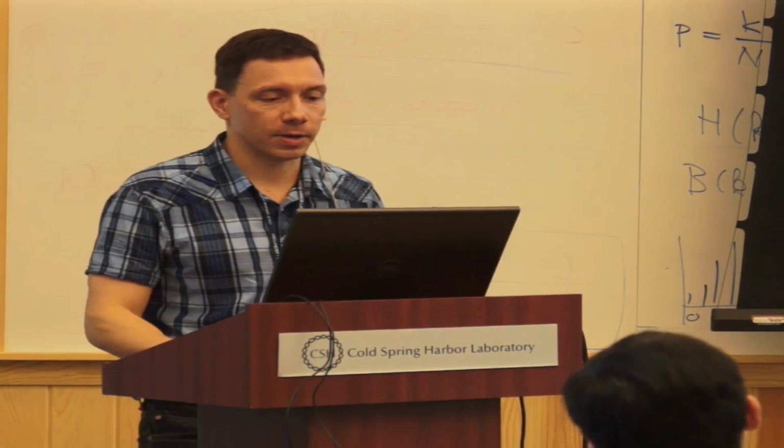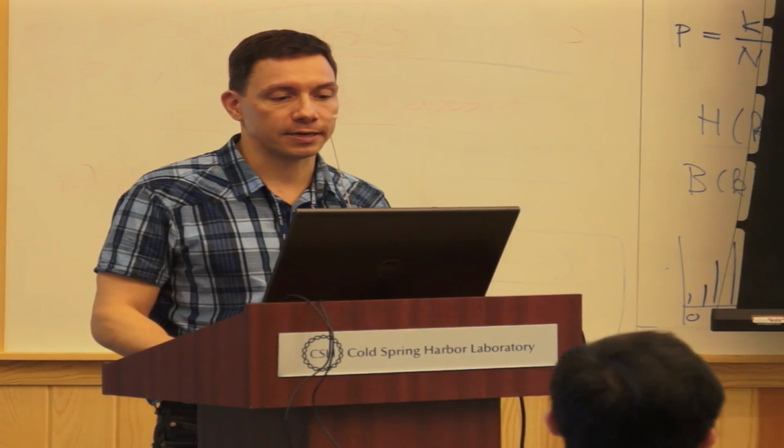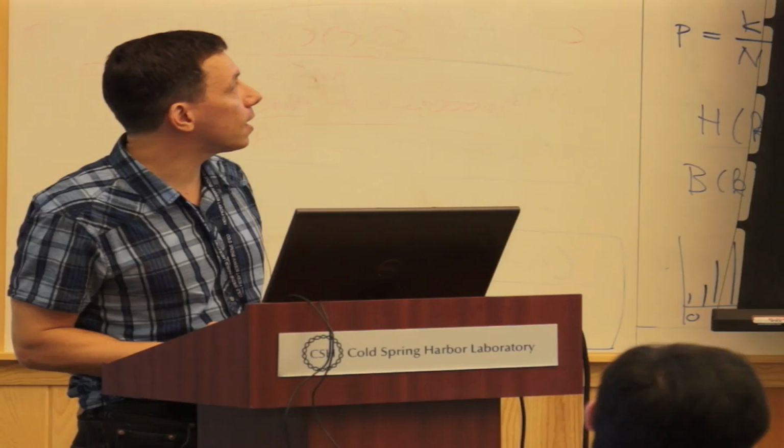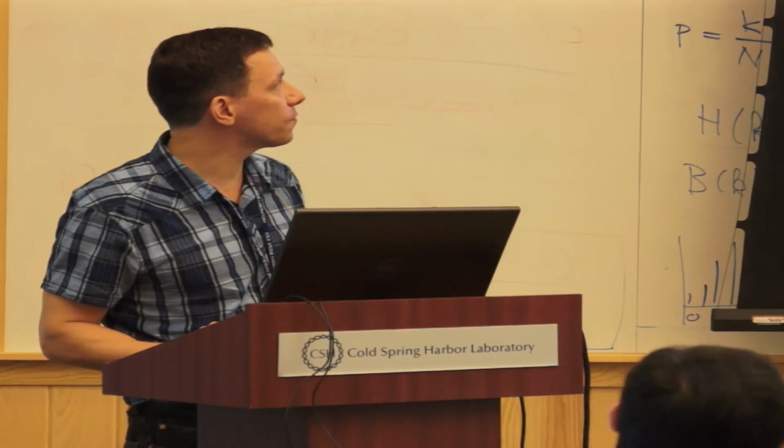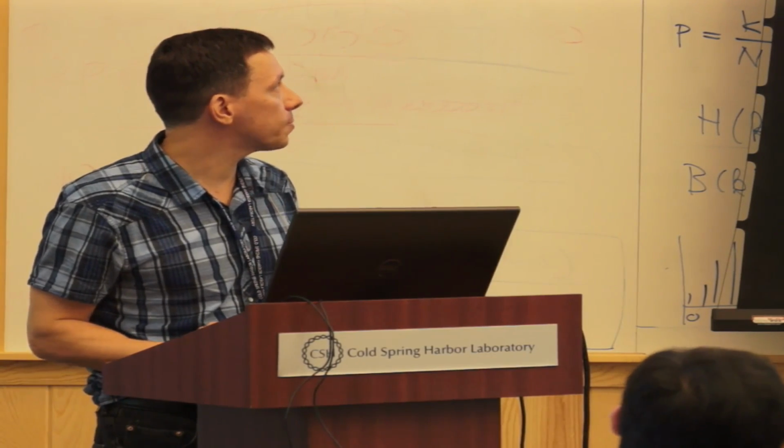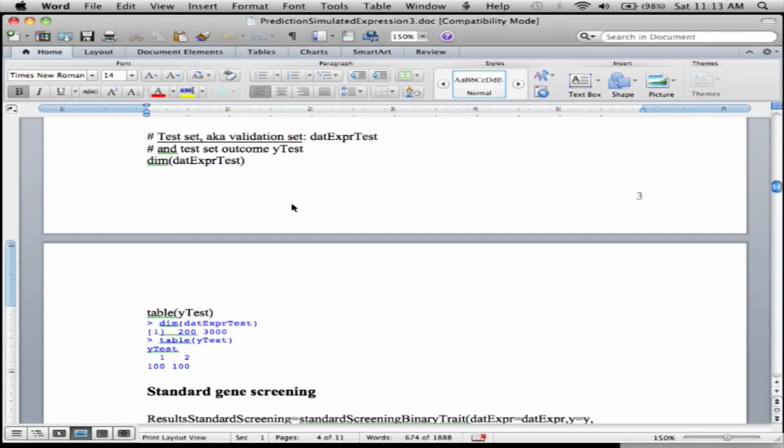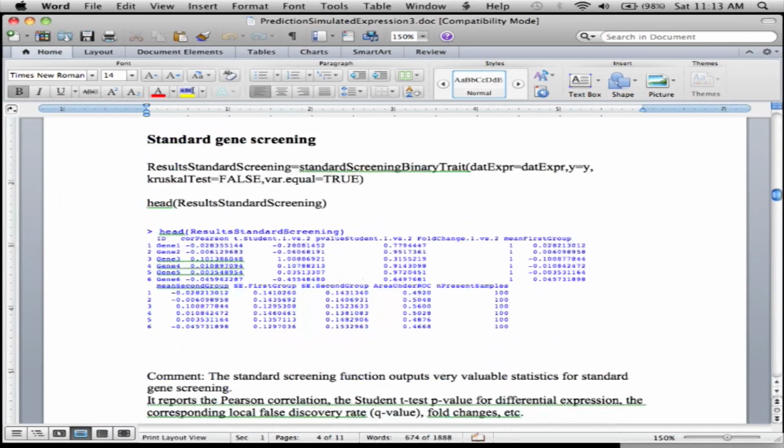In any event, we have the simulated expression data. We also have a simulated outcome, the Y vector. There are 50 subjects of class 1, 50 of class 2. The first thing I can do is ask, which genes are most differentially expressed between class 1 and class 2?